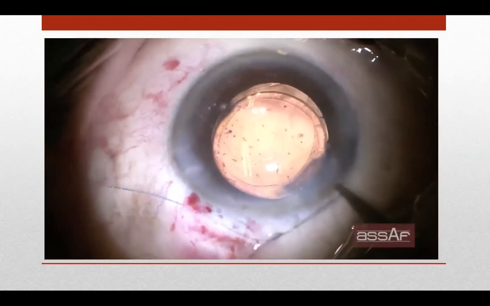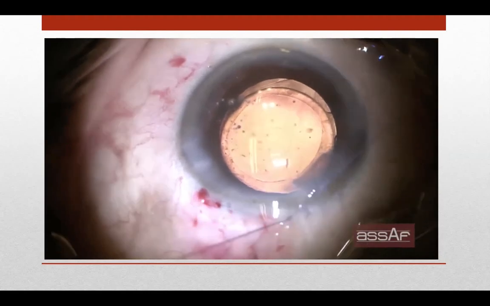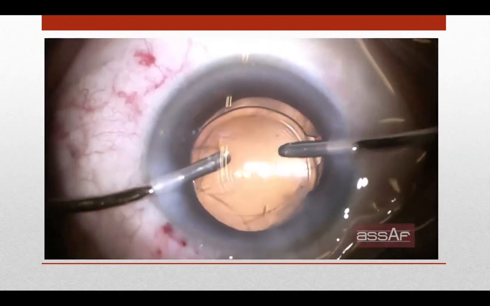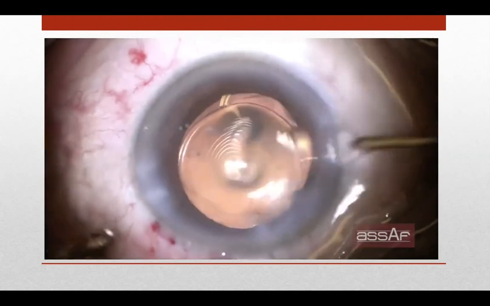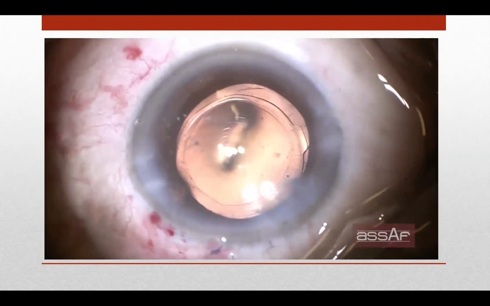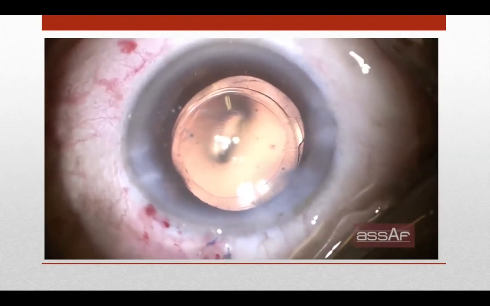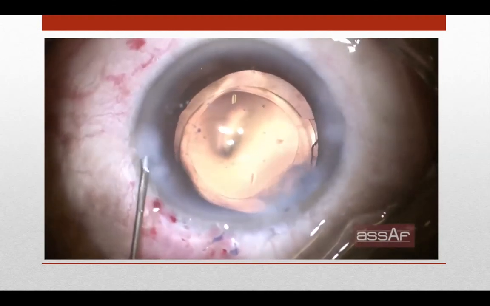So you can see that the lens has been implanted inside the capsular bag, and the trifocal lens now is very well centered, as in a routine cataract surgery, and the patient enjoyed very good vision for distance and near without any complication.